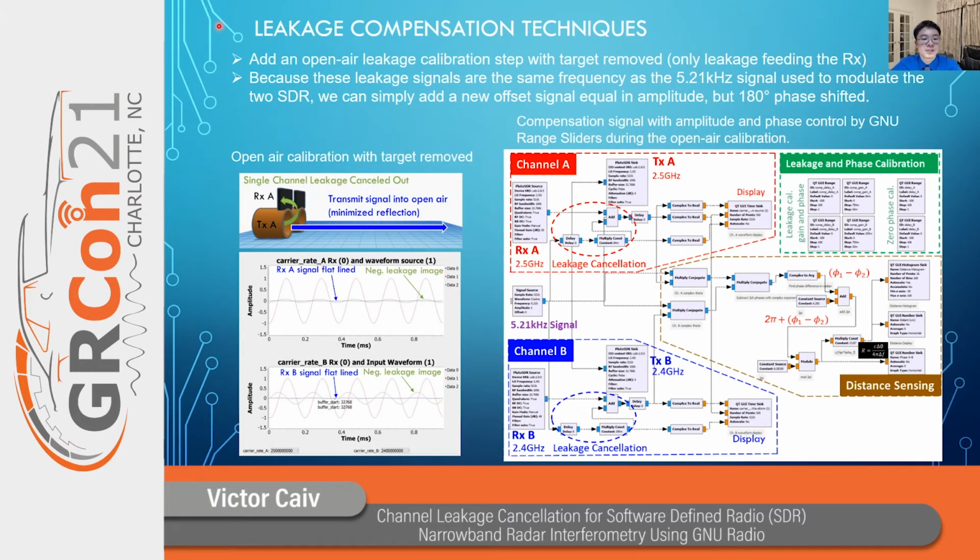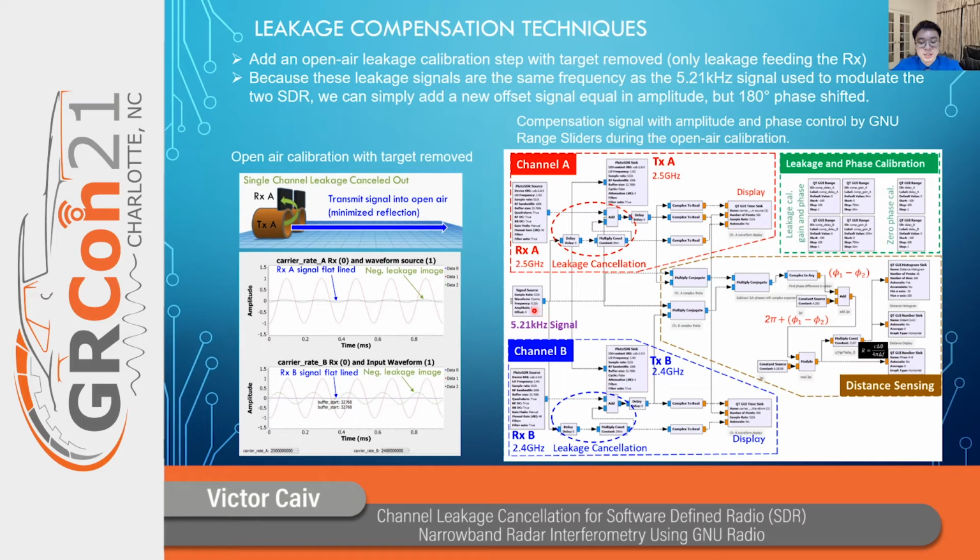So here are the techniques we use to actually implement leakage compensation. We add an open air leakage calibration step where we remove the target. When the target is removed, as we can see in this diagram, the transmit signal will transmit into open air. Basically, it won't come back. And all that the receiver will see then is only the leakage from that transmit into the receive. And this is exactly what we're looking to cancel out.